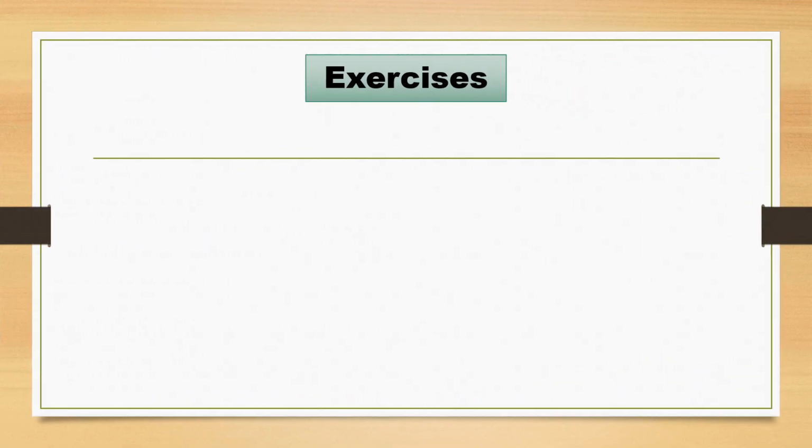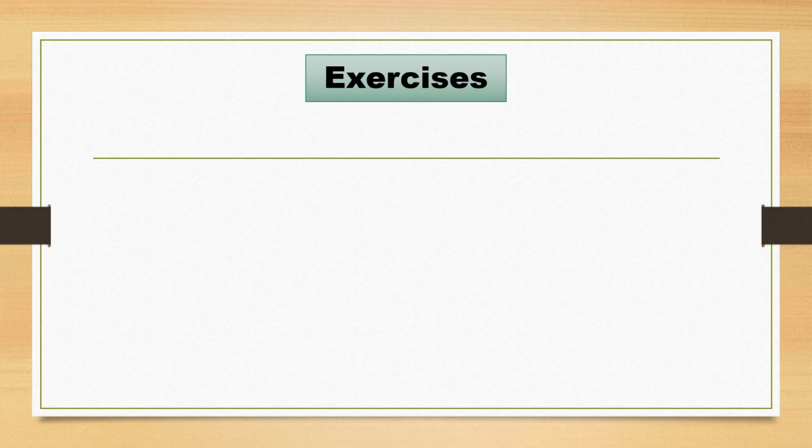Now, after learning the five subgroups of vertebrates, what are they again? You have fish, amphibians, reptiles, birds, and mammals. Those are the five subgroups of vertebrates.